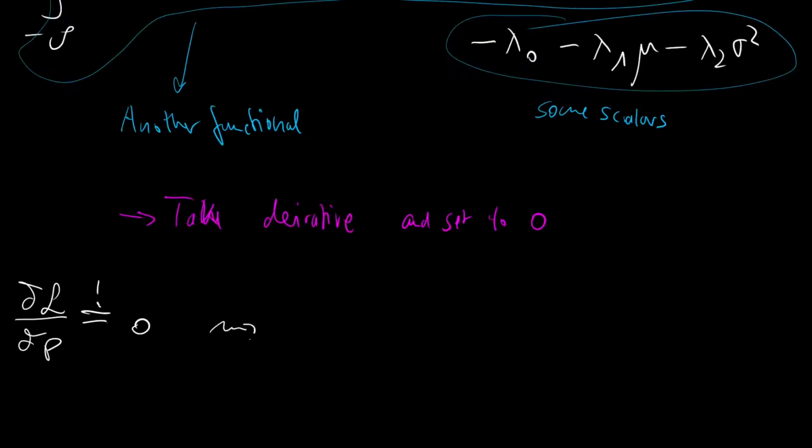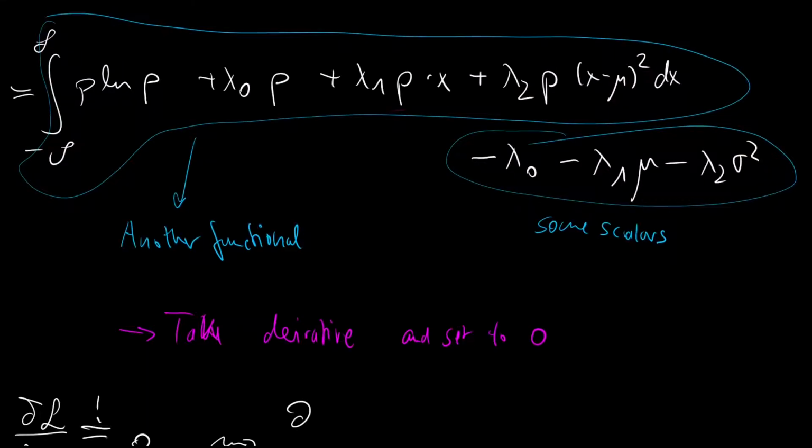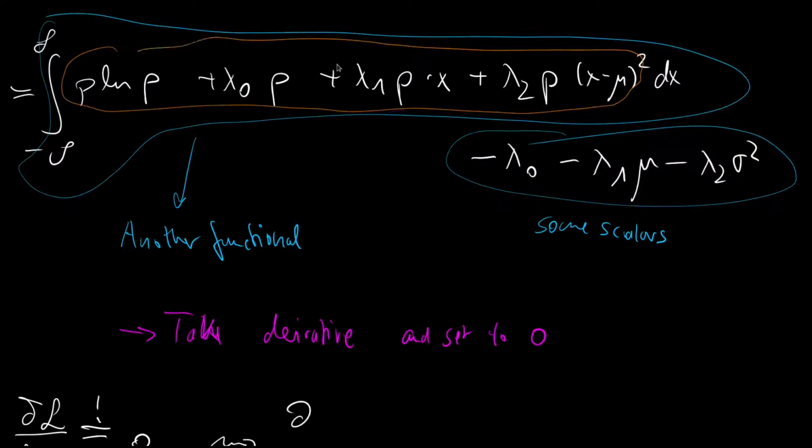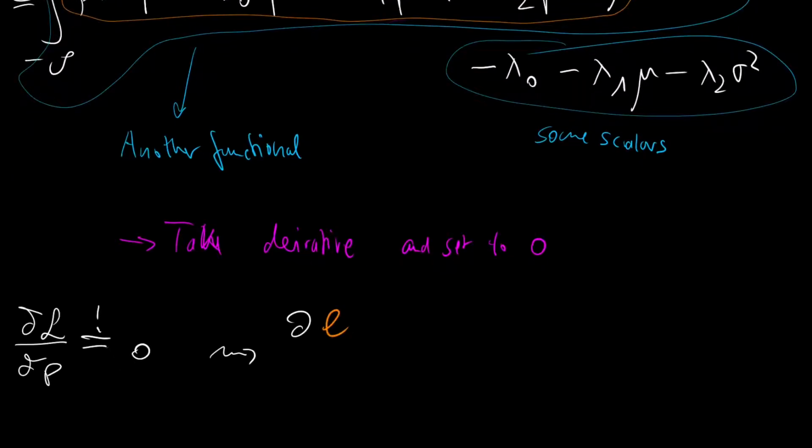And this will then be equal to the derivative of, let's call what is inside this a small l, just to give it a name. So this is equal to small l with respect to p, but just a partial derivative. And we can do this, of course, because outside of the integral, we don't have any p's anymore, so they would also just vanish to 0 in the functional derivative sense.